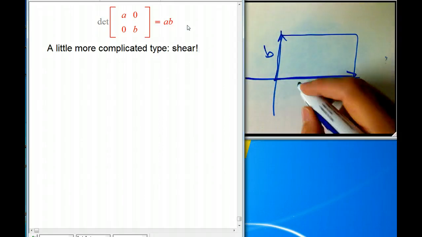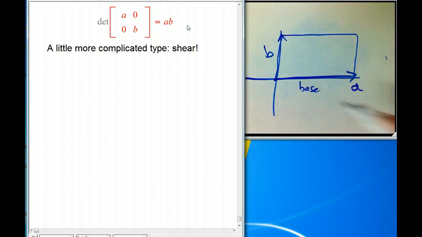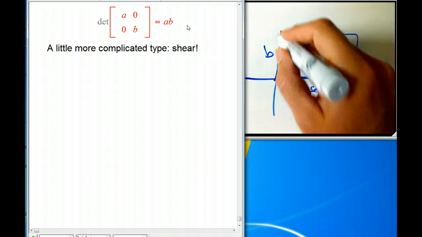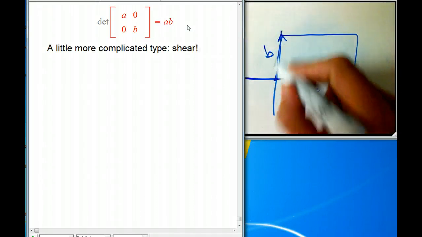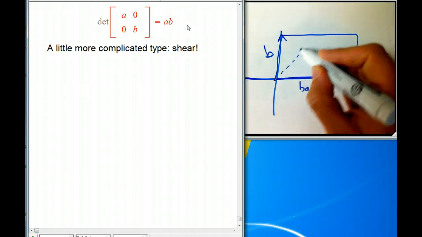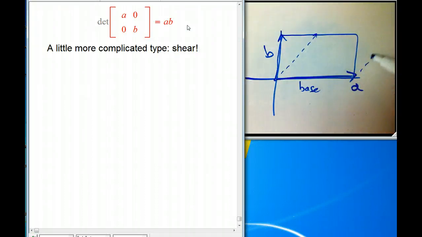We'll leave the base the same, and we're just going to change the parallelogram in a way that doesn't change its area and doesn't change its height, but changes it out of a rectangle. What we're going to do is take this vector b and shear it over, which is different from rotating. We're going to leave it at the same height, and it's going to go over here. And then, of course, this has got to go over as well.